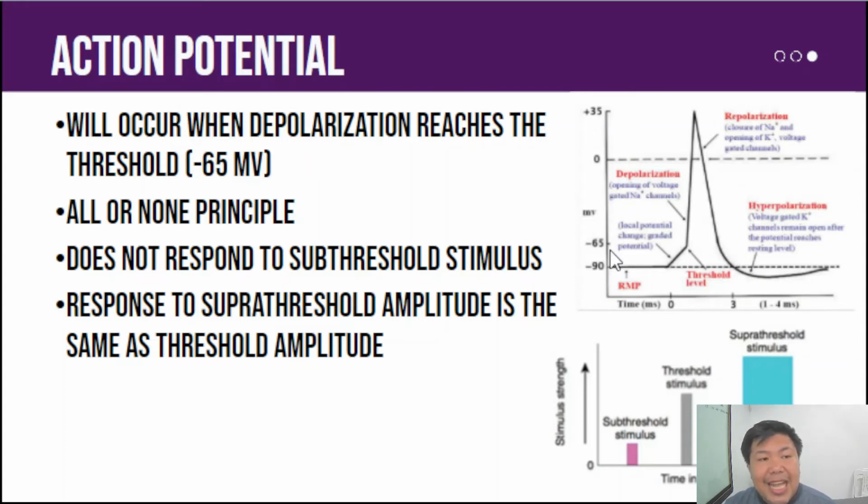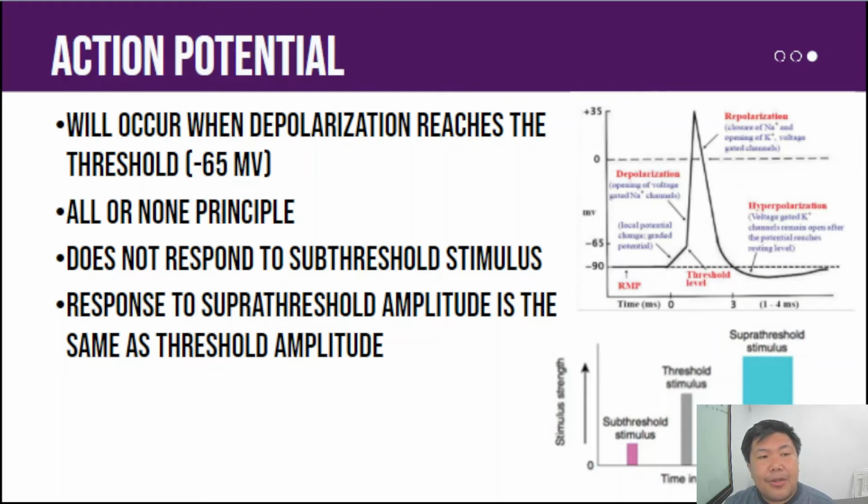Pag in-excite mo ang isang nerve, it's either magkakaroon ng action potential or none at all. Yun yung ibig sabihin ng all or none principle. Kapag nagbigay ka ng stimulus, it's either mabubuo ang action potential o hindi. Yun lang siya. Walang consider na mahinang action potential. Okay? So, lahat ng action potential, pantay-pantay yan in strength.